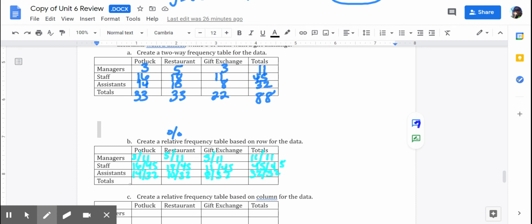And for the last row, it should be 33 divided by 88, 33 divided by 88, and 22 divided by 88. Also 88 divided by 88. Again, what you're doing is dividing these, then multiplying by 100, and you can round to the tenths place. So take time to hit pause and put all these into your calculator.